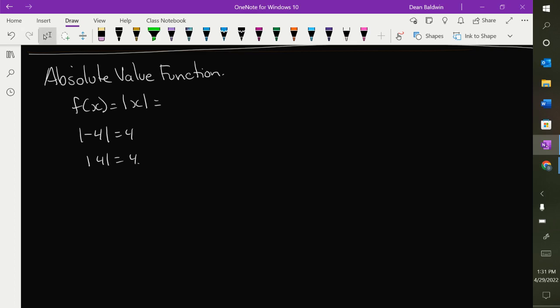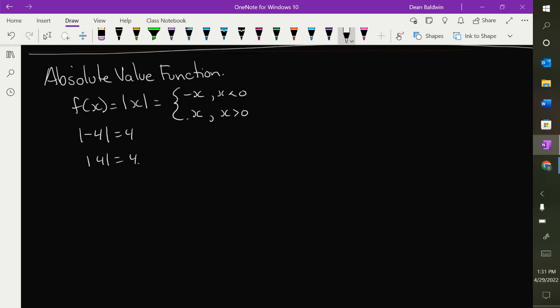The absolute value of 4 is 4. Now, you may have seen one of the actual definitions of the absolute value function. There's a couple, but the one we're concerned about is defined as negative x when x is less than 0, and it's x when x is greater than 0.